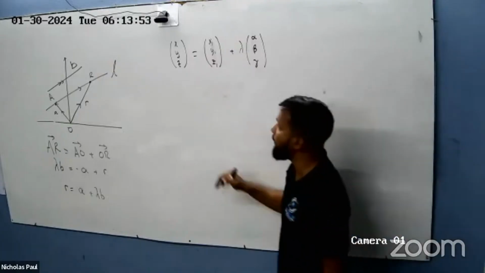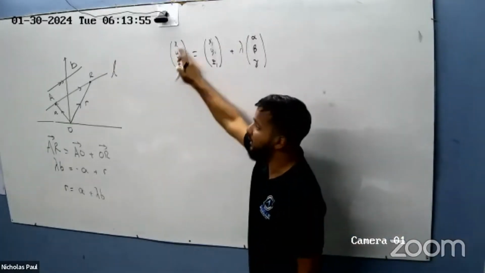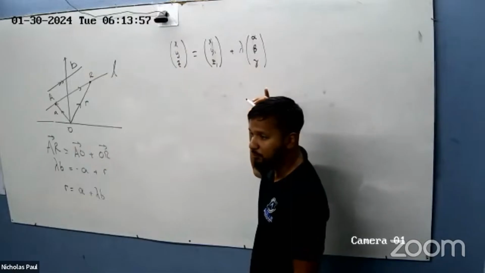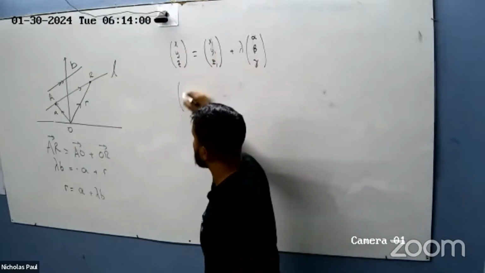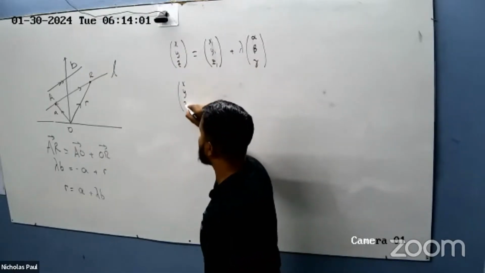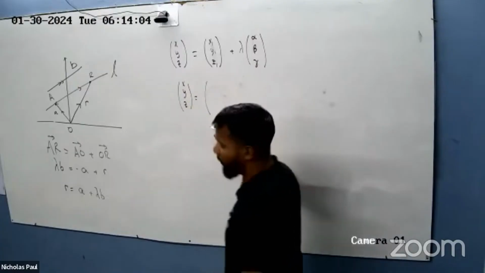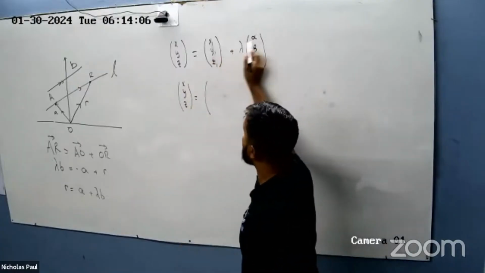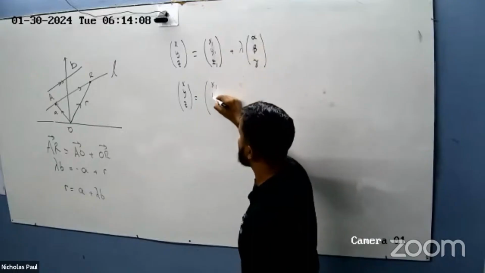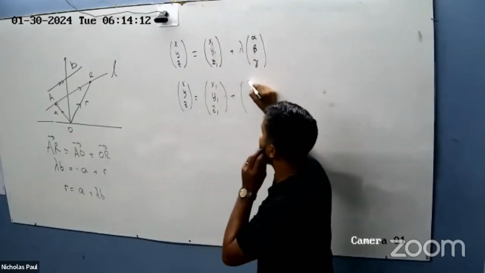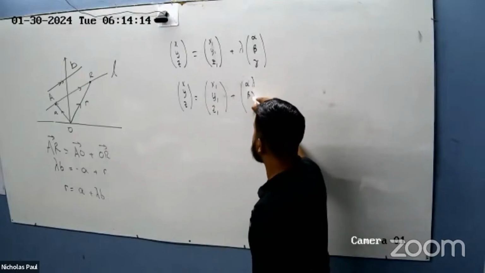Parametric form is where we write X, Y, and Z in terms of some variable. Real simple. X, Y, Z is equal to X1, Y1, Z1, plus, multiplying this out, alpha lambda, beta lambda, gamma lambda.